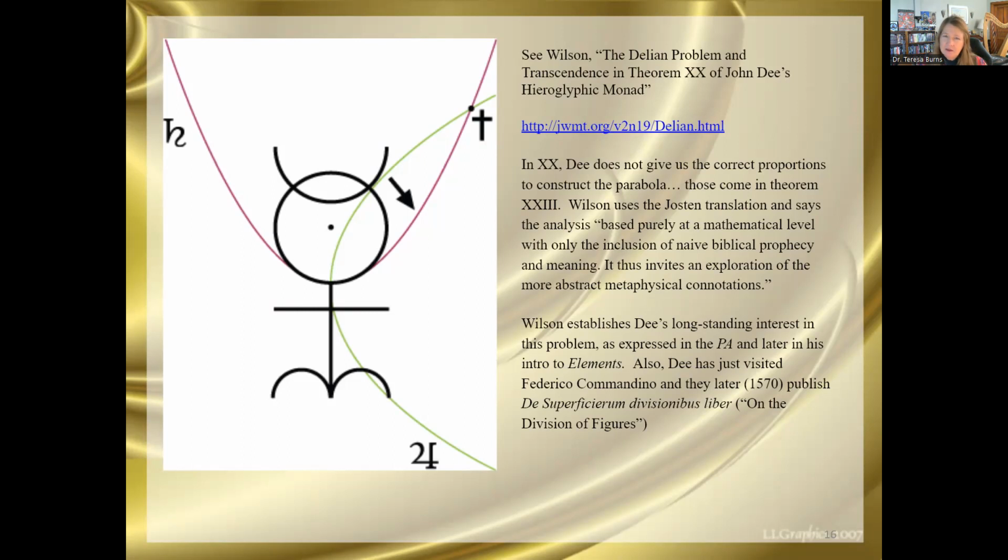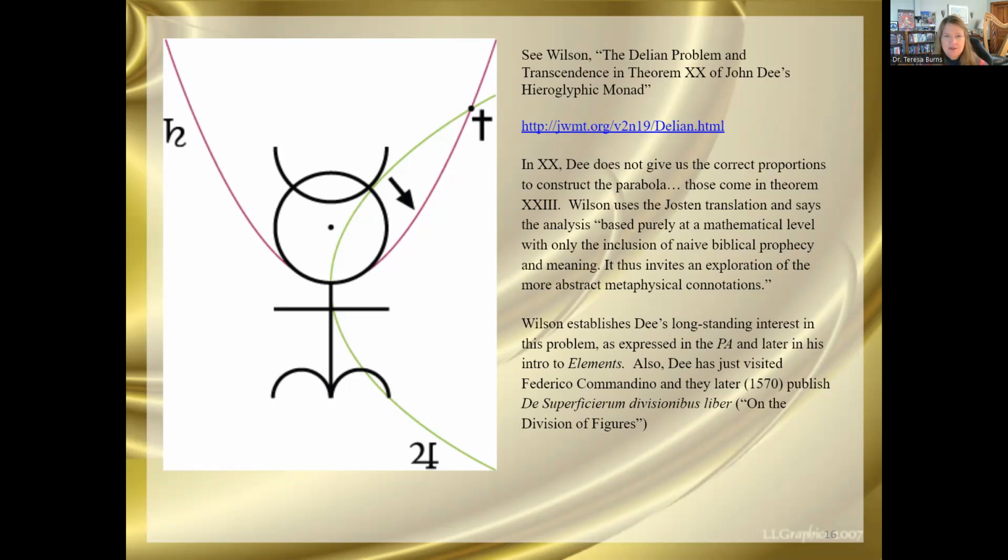And D, Heilbron says, and I agree, kind of implies he solved the problem. Or to be more exact, he implies he has solved it the ancient Greek way with compass and straight edge. But does he solve it with a compass and straight edge? Heilbron would say no, and say that D is kind of equivocating. I want to see if there is a reason why D would be equivocating.